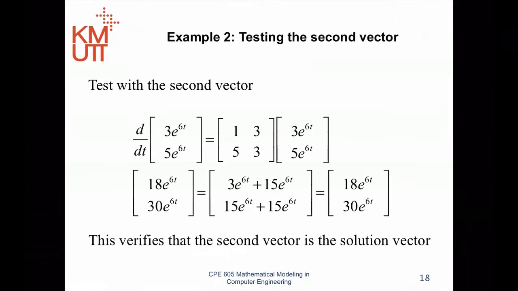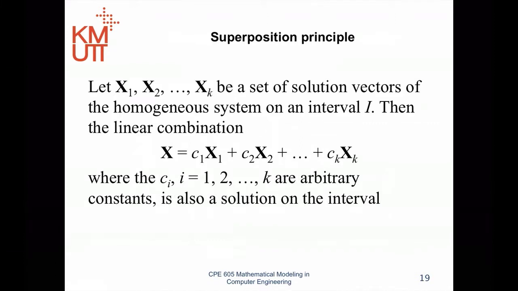Let's say that you have a set of solution vectors x1 to xk of the homogeneous system on interval I. Then the linear combination of these vectors is also a solution of the system. C1 to ck are arbitrary constants multiplying these solution vectors. The reason that this superposition principle holds is because the system we have is a linear system.